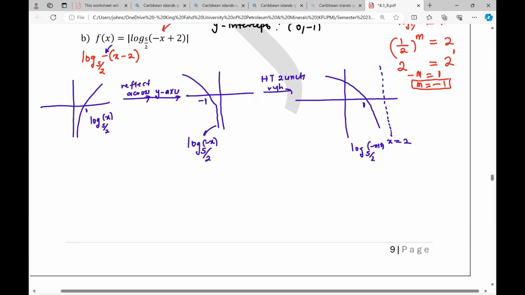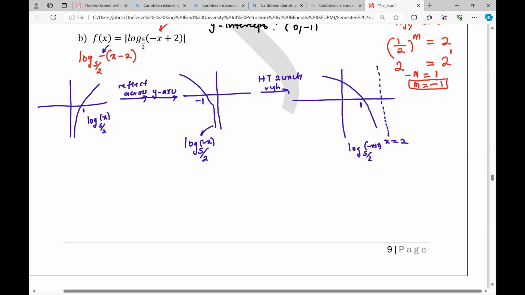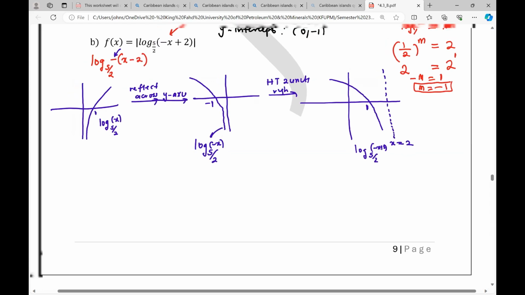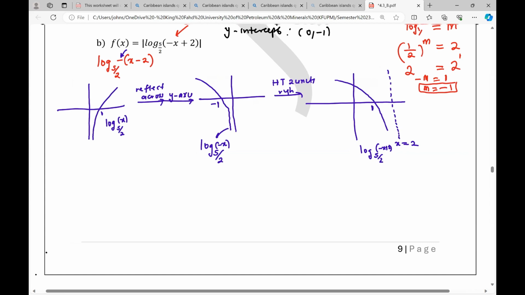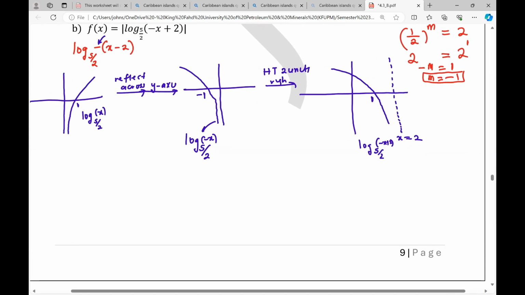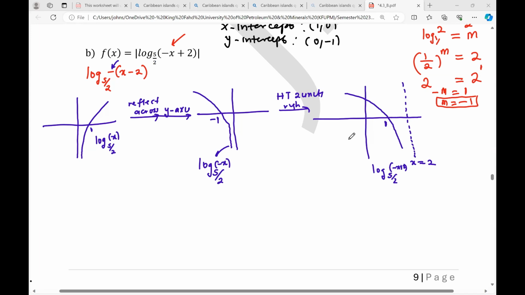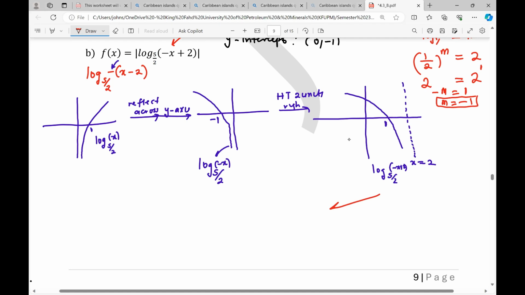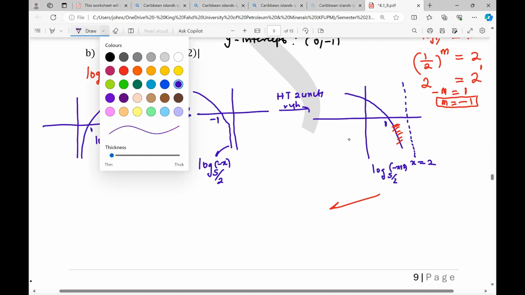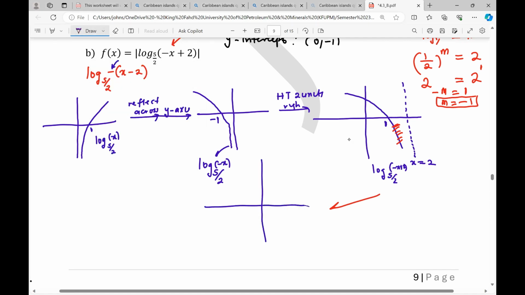So now we have to apply the absolute value. To apply the absolute value, we just need to reflect this side that is below the x-axis up. So we have to reflect this part across the x-axis, this part here, because of the absolute value. So finally, it will just be something like this. The graph will just be this one.